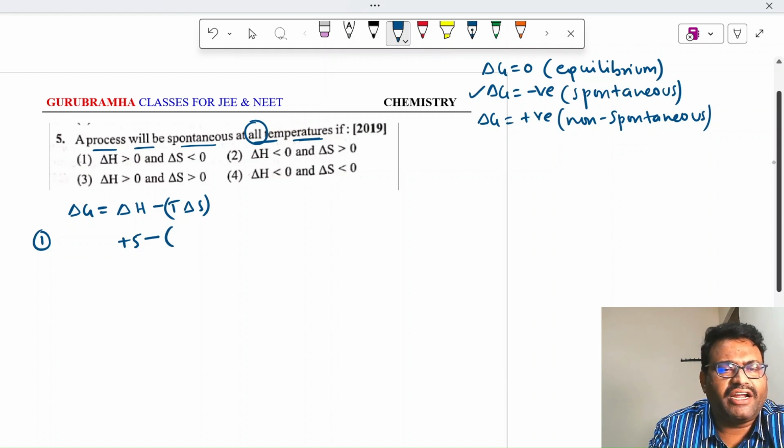T I am taking as 1, for example, and delta S less than 0 means minus 5 I am mentioning. Then what do we get? Plus 5 minus of minus 5, again plus 5, right? In this way.